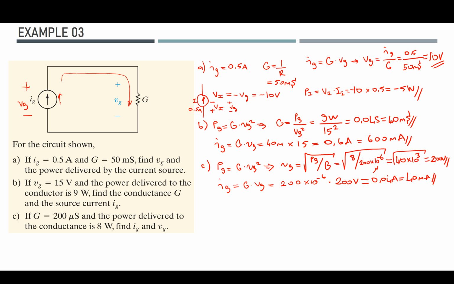And I can also multiply this value with the voltage to see that the power is 8 watts. So in order to check myself, I can do this sanity check automatically. Okay, let's move on with the next example.